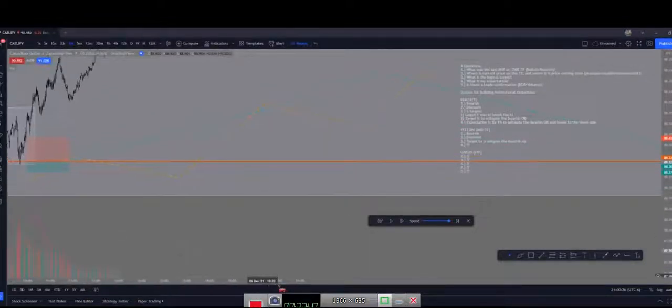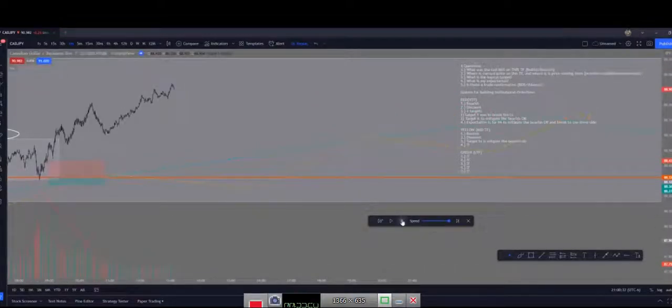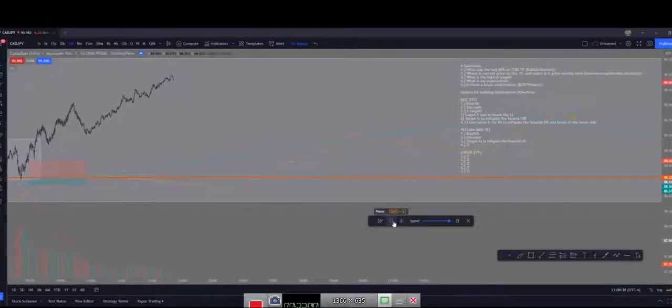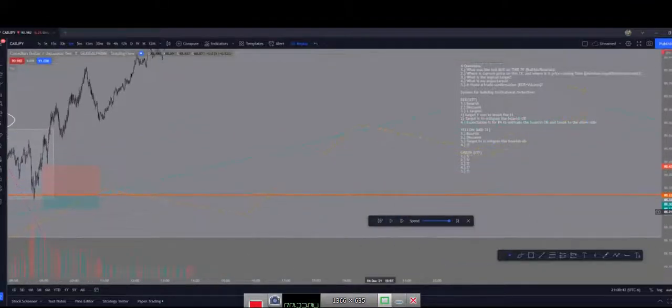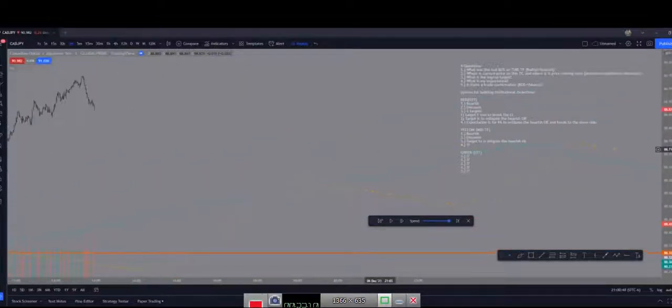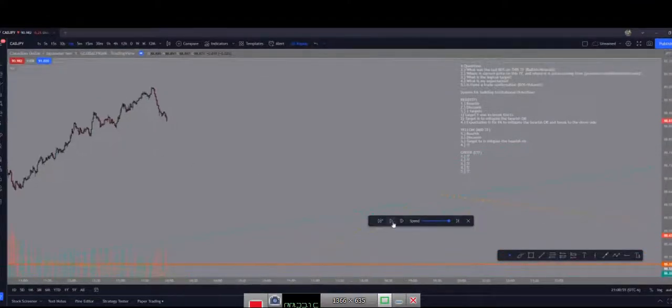So it should start to break soon. I want to see a nice change of character. Okay, nice. Man, these ultra wide screens are kind of hard to play with on the lower time frames.